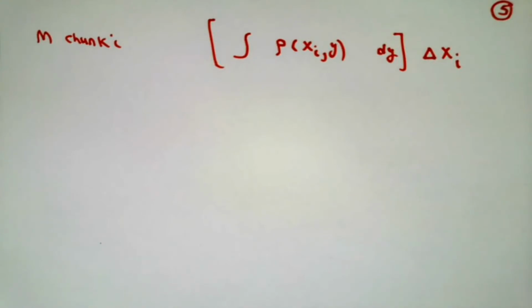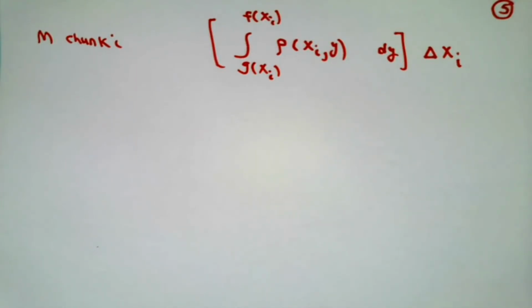If you'll go back and look at the diagram, within chunk number i, we know the smallest and biggest values that the y-coordinate can take on. In this context, xi is a constant, so g of xi and f of xi are constants in this context.